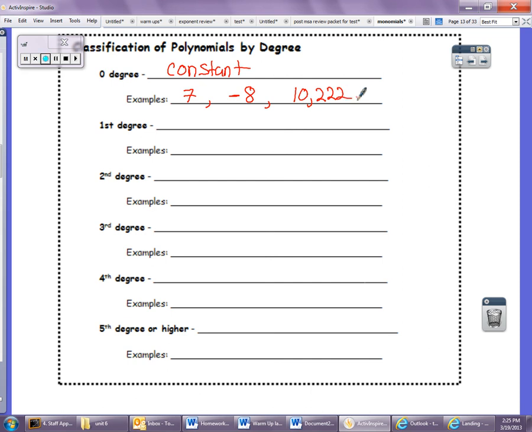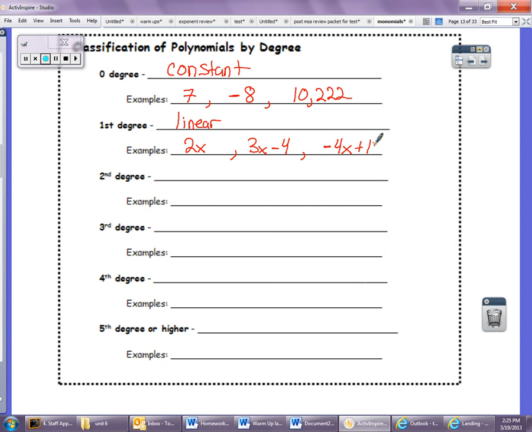They're all constant. It's just a number. Now, first degree is something we dealt with in the beginning of the year. These are called linear. These are our linear functions. So it might be 2x, or we could have 3x minus 4, or for a third example, negative 4x plus 1.